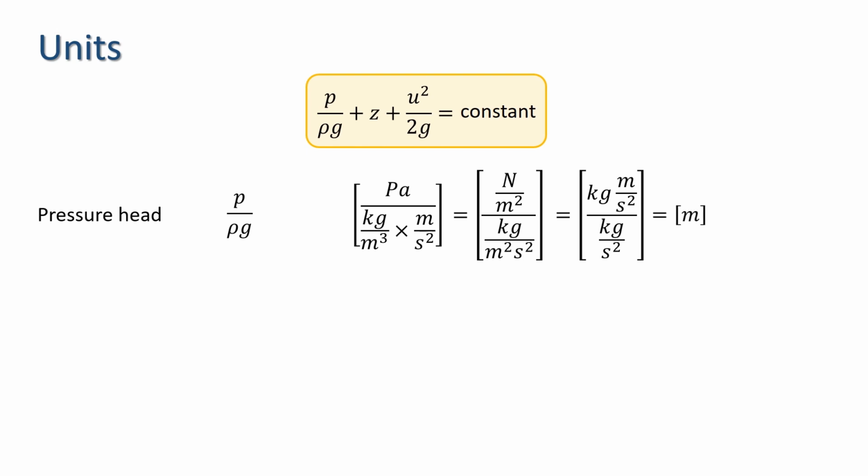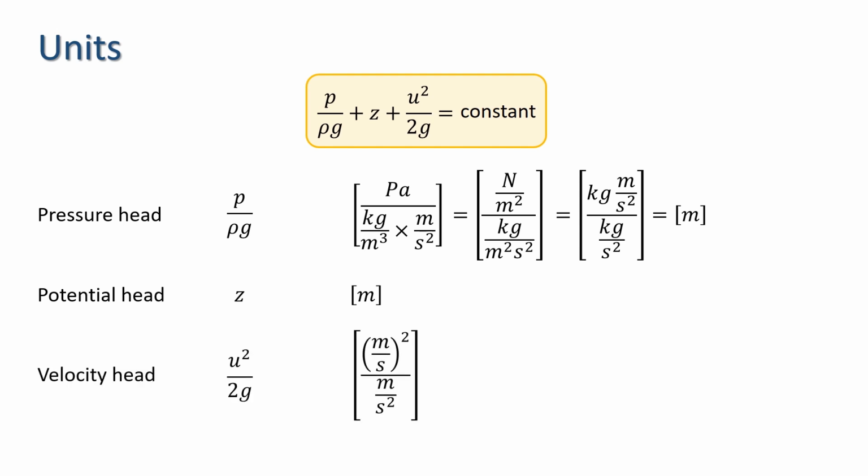So once we work that through, the units reduce to metres. The second term, the potential head, is an elevation, so that just has units of metres. And the third term, the velocity head, has units of metres per second all squared divided by units of acceleration, metres per second squared, which again reduces to metres. So we can see that the terms are consistent with units of metres throughout.